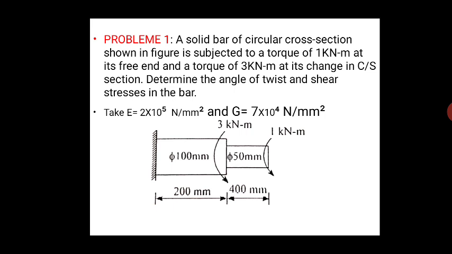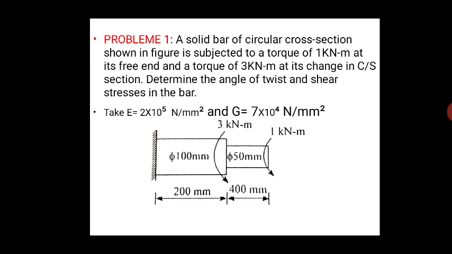Determine the angle of twist and shear stress in the bar. The data given: Young's modulus as 2 into 10 raised to 5 Newton per mm square and rigidity modulus as 7 into 10 raised to 4 Newton per mm square.